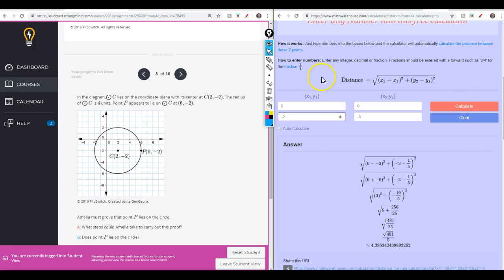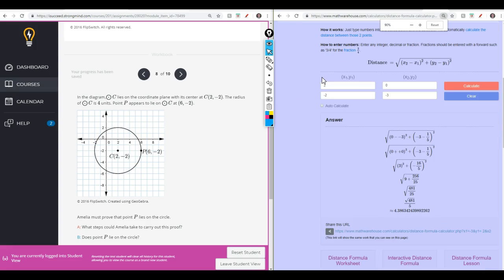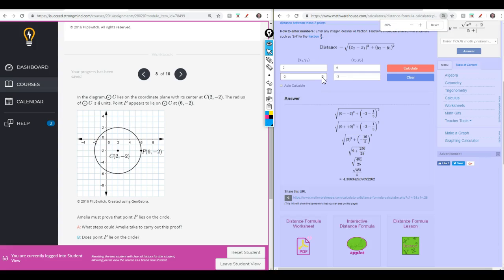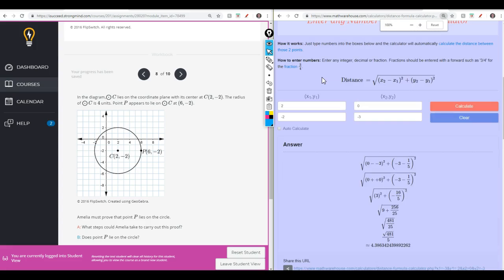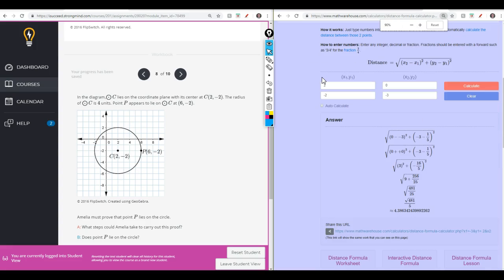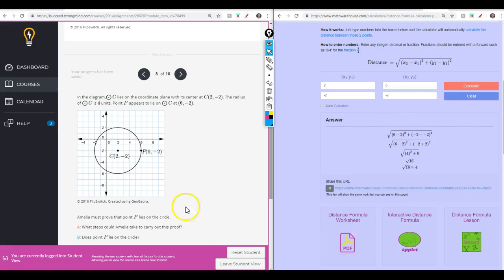I believe the reason this is showing up that way is because I have it zoomed in so much. So X coordinate, Y coordinate. The other point would be point P, which has the coordinates of (6, -2). Click calculate, and this will show us the steps.